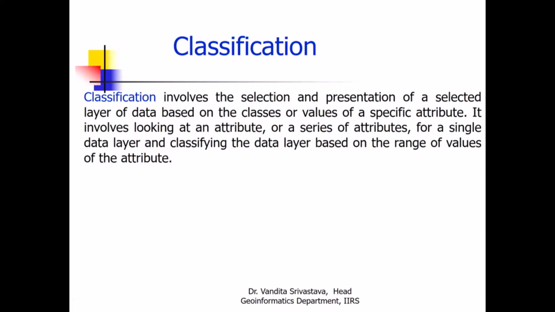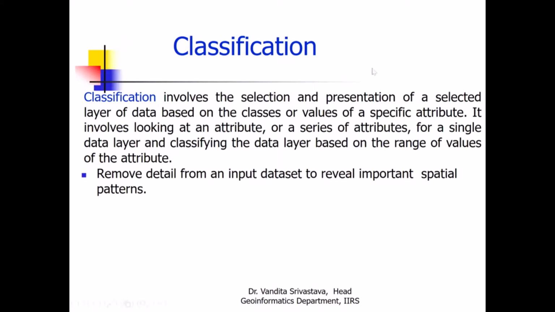Okay. And why do we want to do this? Because sometimes we don't want extra details to be present in our layer. We want specific information. So, we would like to remove the unnecessary details that are present in the data set. And this removal of unnecessary details will actually help us in identifying the useful patterns, so we would be able to focus upon those useful patterns.